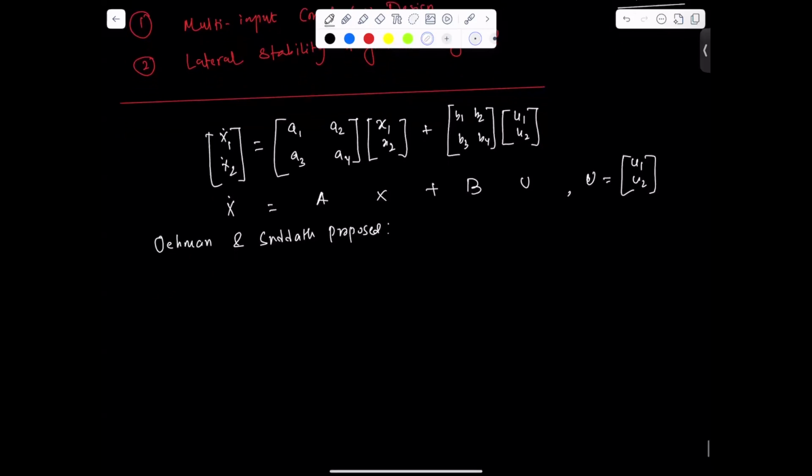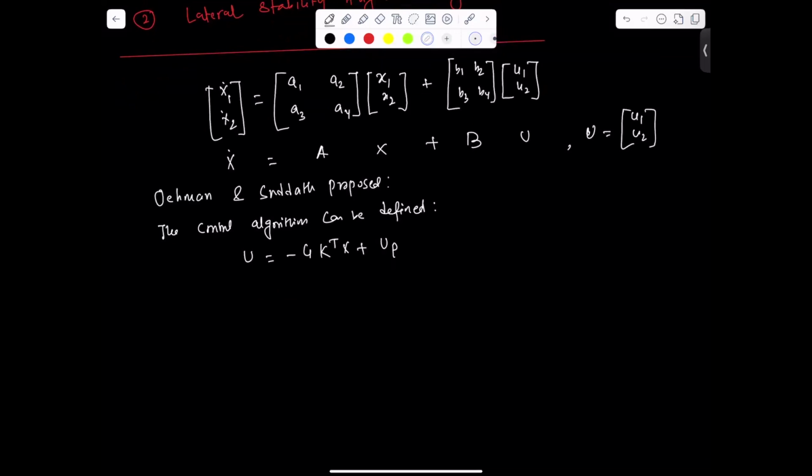The control algorithm for this multi-input system can be defined as u equal to minus G K transpose x plus up.